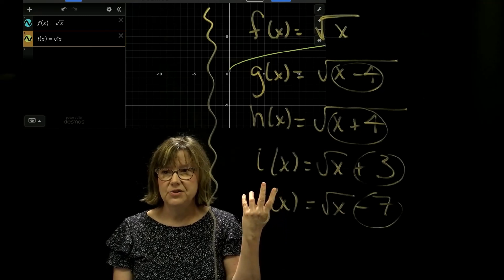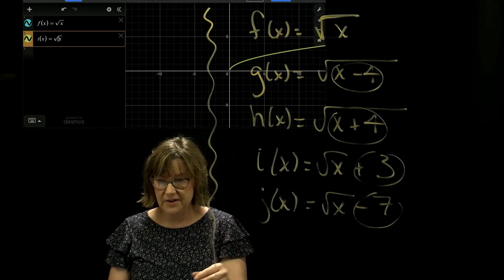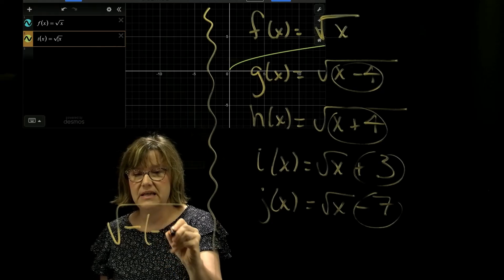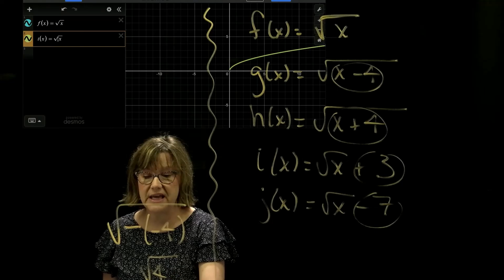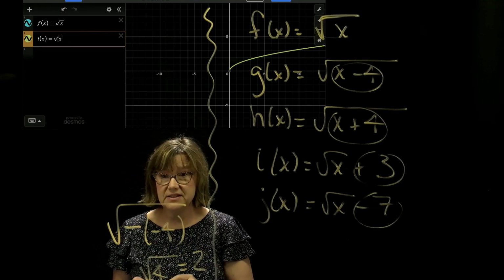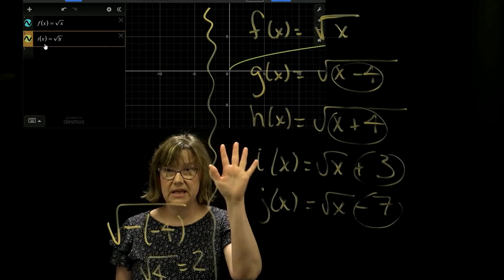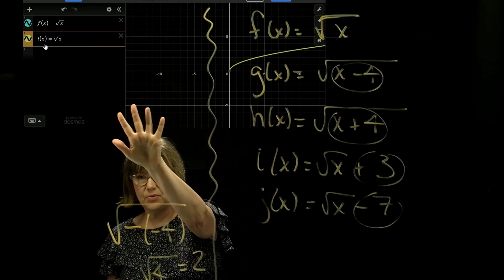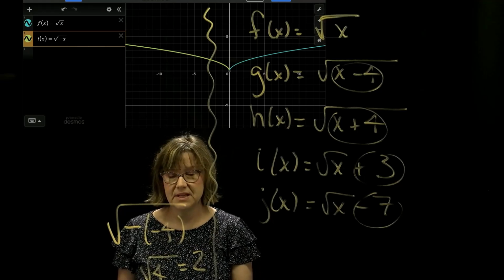If I sub in, for example, -4, the opposite of a negative, I get a double negative, so I get the square root of +4. That's 2. So that is going to exist. That is going to be okay. So I am thinking my input is going to become opposite, so my x's that were positive are going to reflect over here. Let's see if my reasoning is correct. And it is.